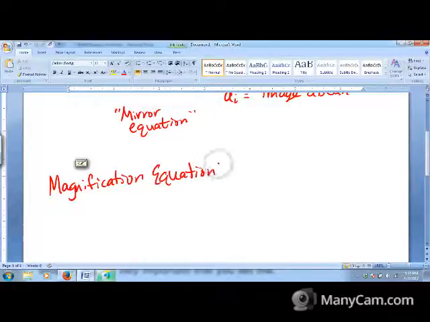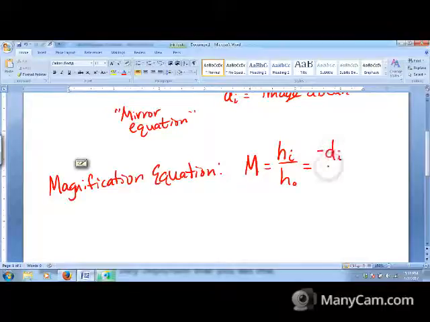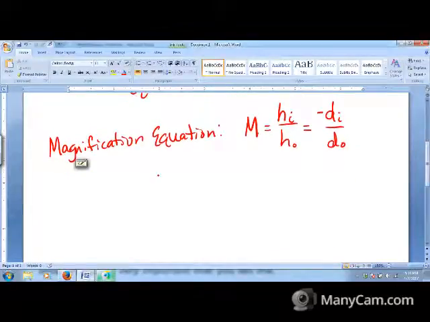And here's what the magnification equation says. The magnification equals, and I call this the hi-ho equation, here's why: h_i over h_o, which is also equal to negative d_i over d_o. Now a lot just happened, and I'm going to define all these variables for you.